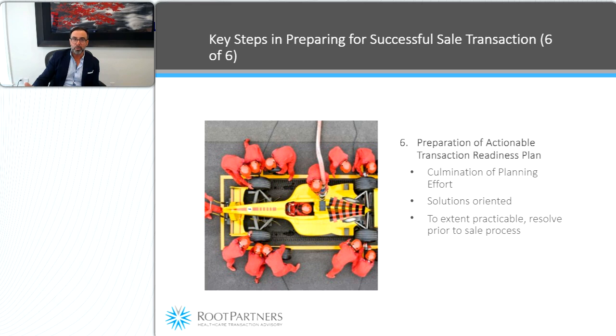To Ragini's point, we have our legal documents in order. We're not going to be scrambling around. Things are up to speed. If there are coding compliance issues, or you think that might be an issue, go through that on the front end before you get somebody involved. And so it all sort of culminates into a plan.